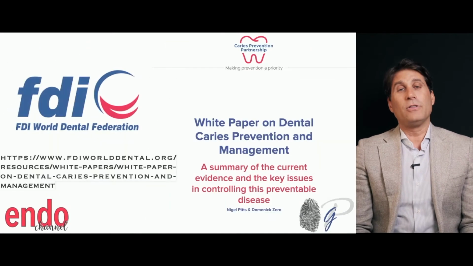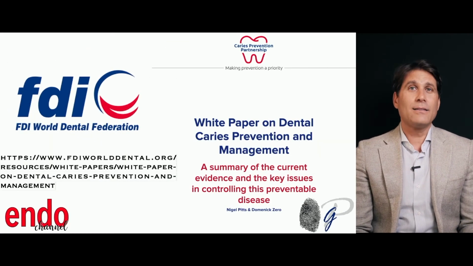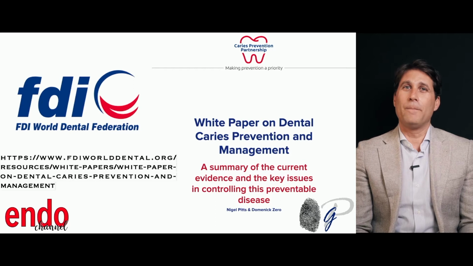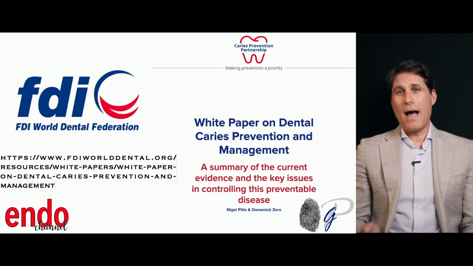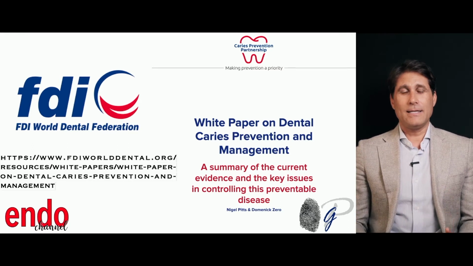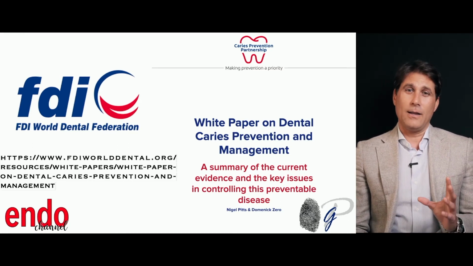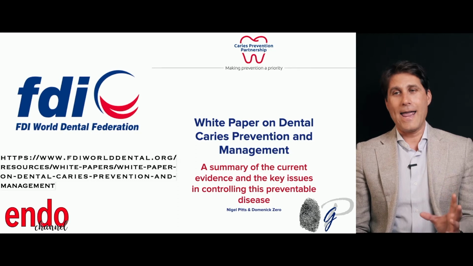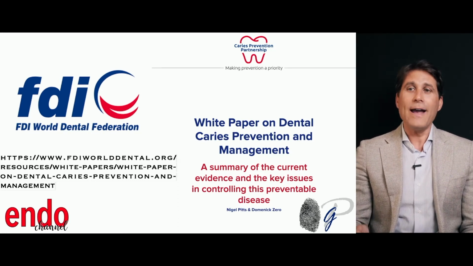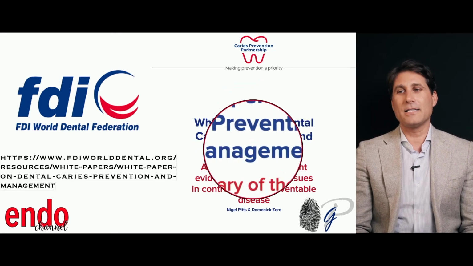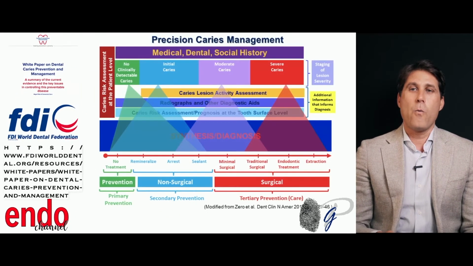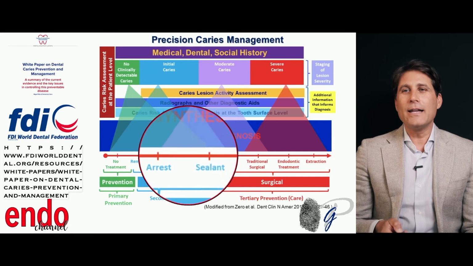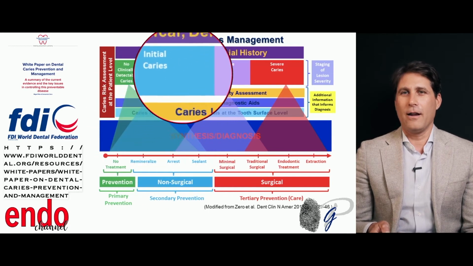When we speak about the incipient caries, the incipient lesions in E1, E2 and D1, we are speaking about some cases that the World Dental Federation, FDI, has classified in the white paper on dental caries prevention and management that you can find at this website, such as an initial caries or moderate caries.